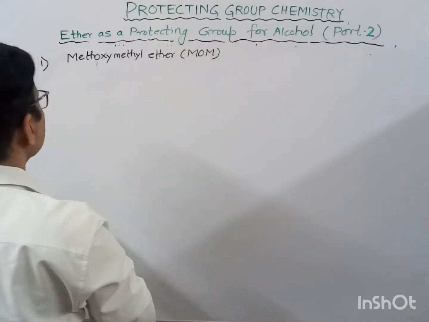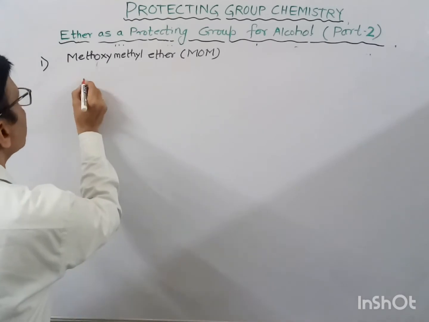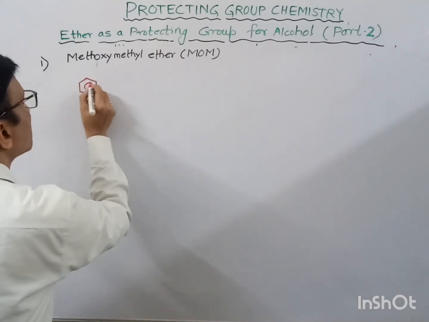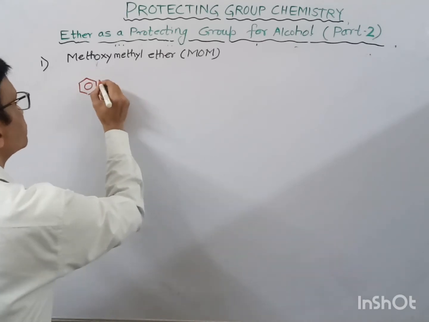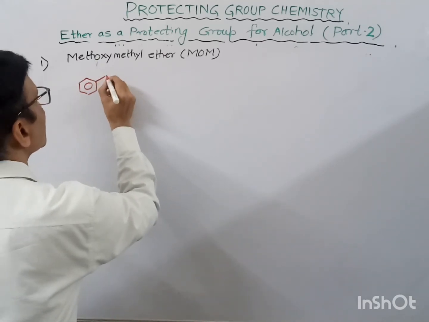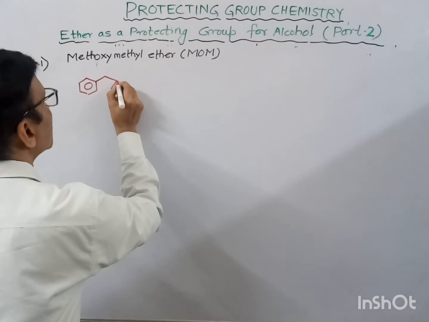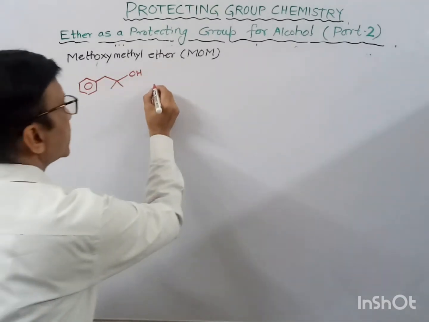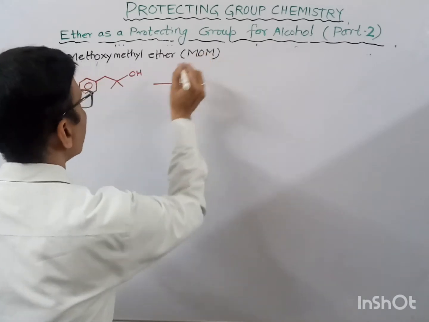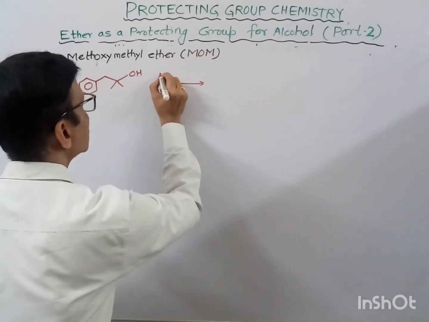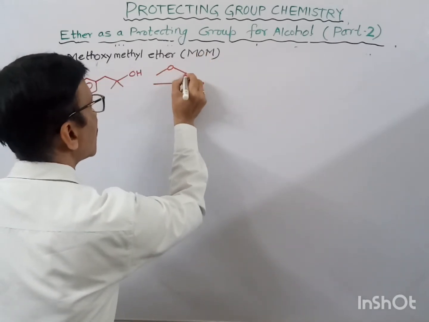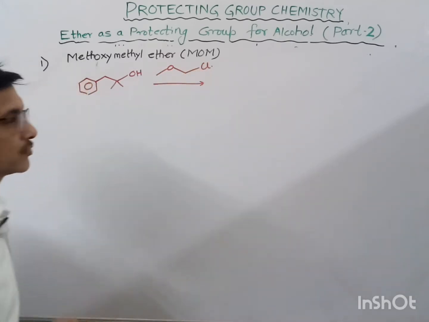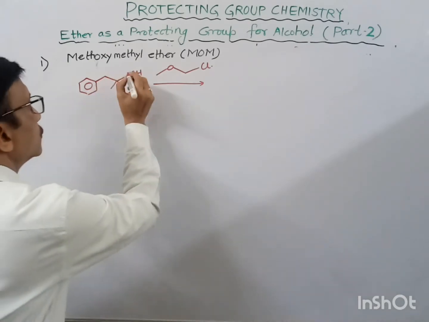If I take one example, suppose this is one of the alcohols, and if you want to protect it, then we can use MOM chloride for the protection.